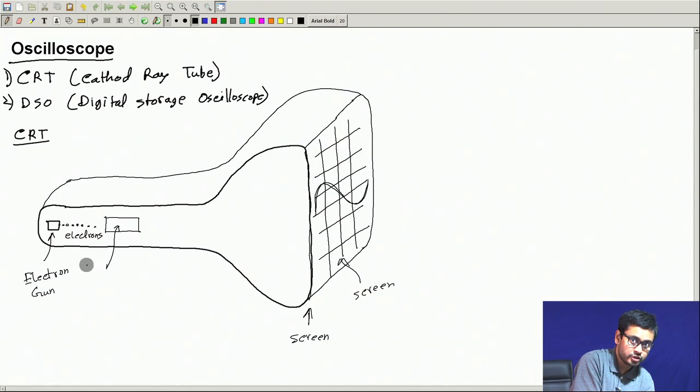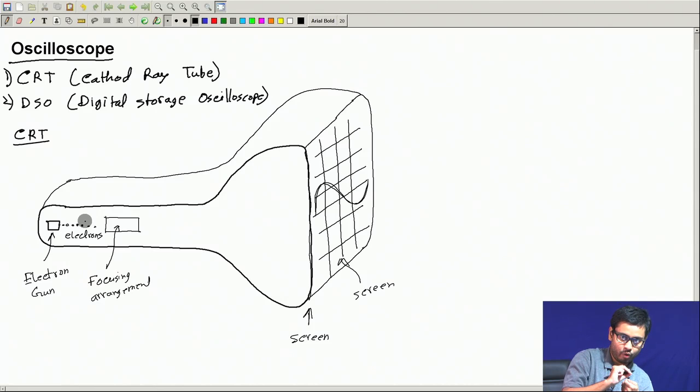Right now I am just talking about functional diagrams or schematics. So, this is the focusing arrangement, which will make this electron beam. So, this is a beam of electrons, something like a laser light which you might have seen.